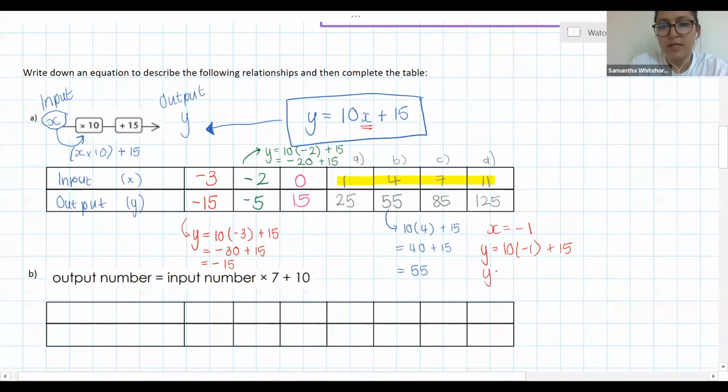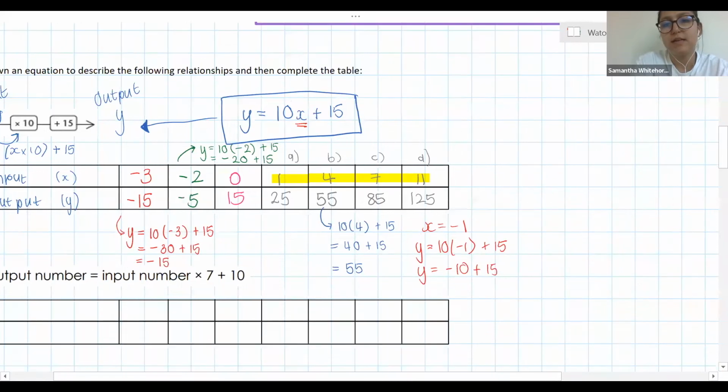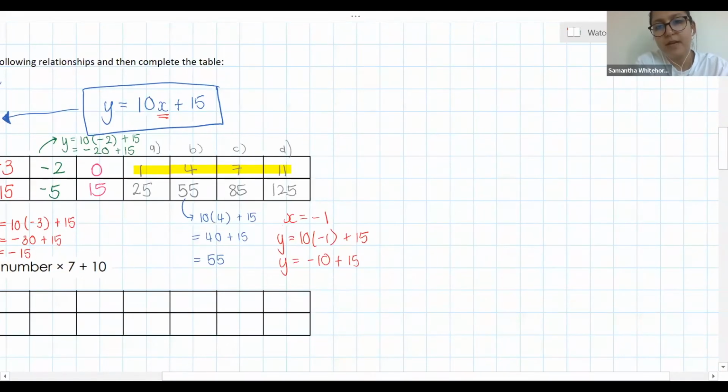Now 10 times -1 is -10. And now I'm adding on a number that is greater than 10. And so what that means is, again, if I think of this in terms of a number line and I'm sitting, say, at, oh gosh, I really made work for myself, at -10.